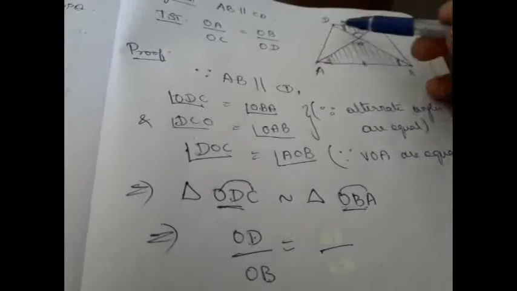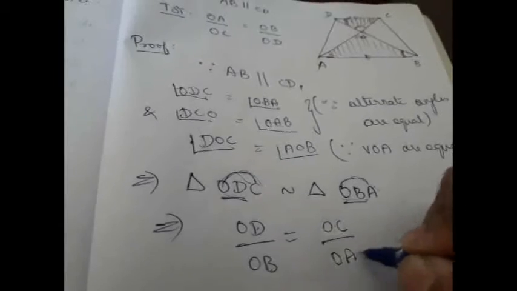So OD by OB is equal to, again we are bothered about this triangle. First you should write this triangle only because we started with this, therefore the side of that triangle which corresponds should be written in the numerator. You should be careful with all these things. So which side are we going to take? OC, right? OC of this triangle. Then which side corresponds in this triangle?